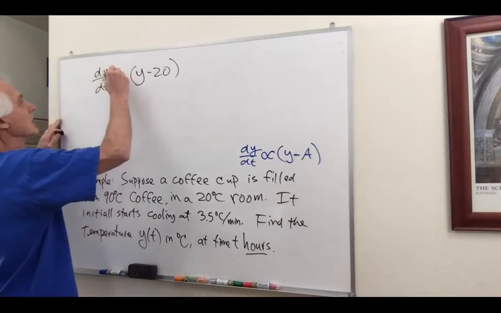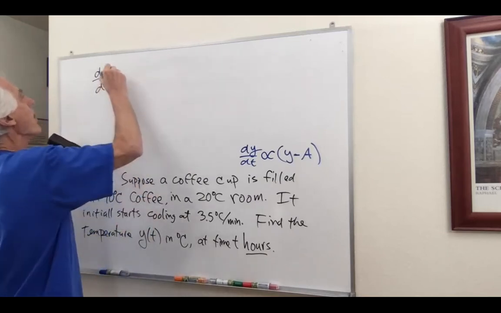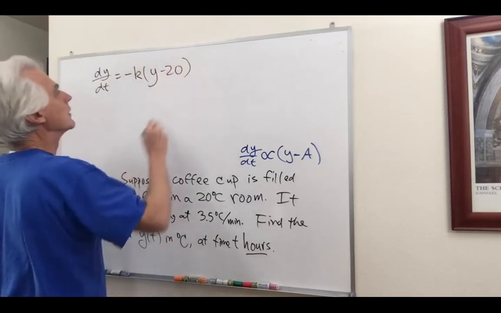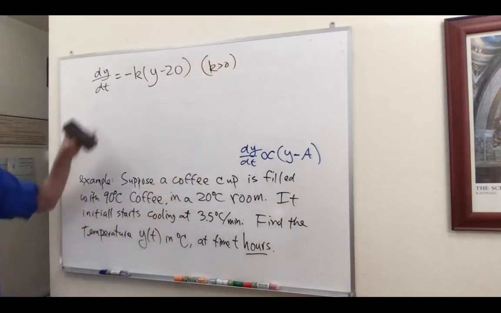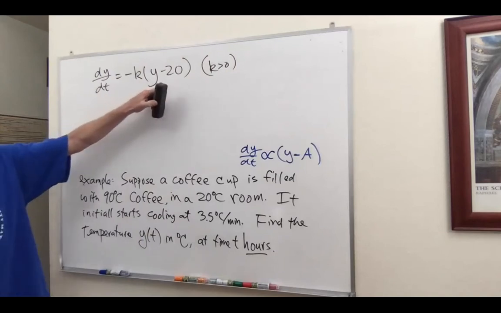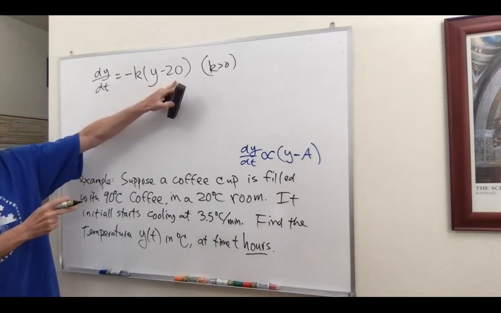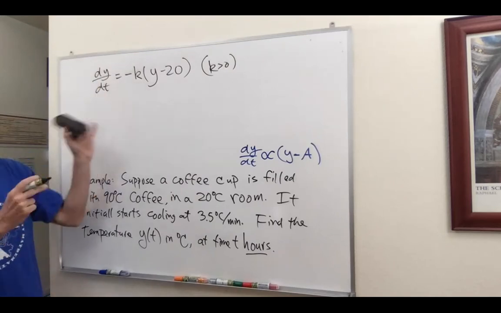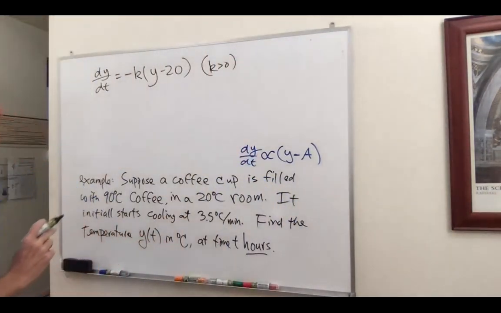So I'm going to actually call it minus k, and then, since k is positive, right? Because if the object, like the coffee cup, is hotter than the ambient temperature, hotter than room temperature, then it'll be cooling down. dy/dt will be negative. So we're not sure what k is, but it'll be a negative constant there.